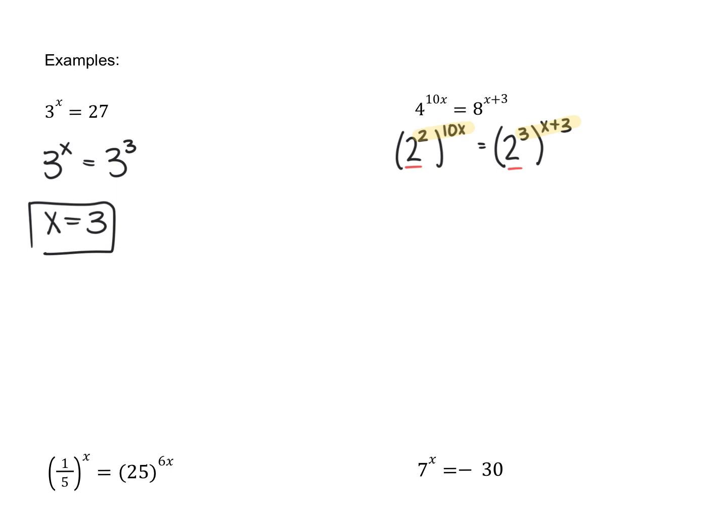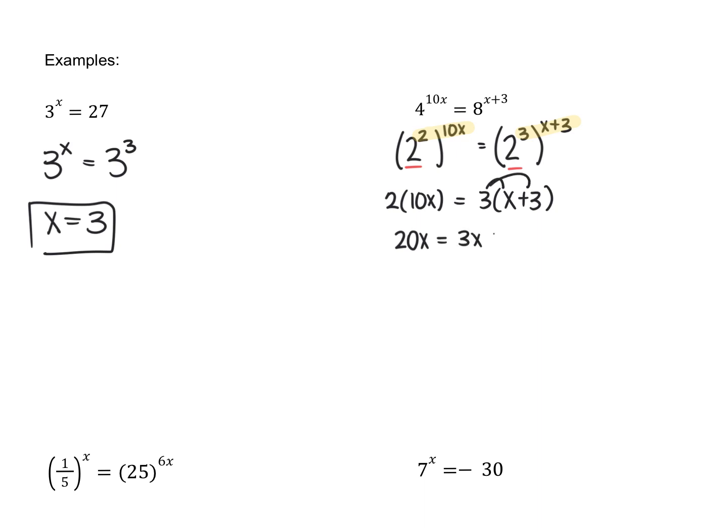So I'm going to have to multiply those together. So I have to do 2 times 10x equals 3 times x plus 3. Because if you have an exponent raised to an exponent, which is what we have in this situation, they multiply together. So 2 times 10x is going to give me 20x. I'm going to distribute the 3.